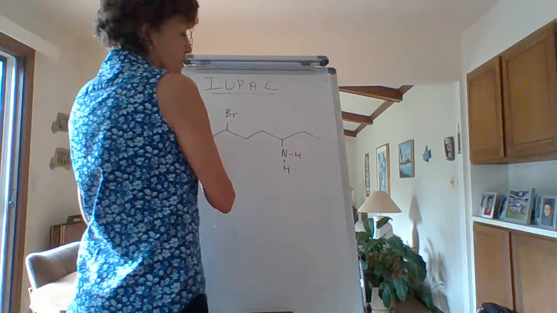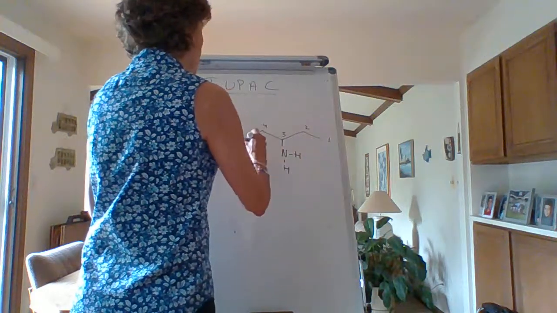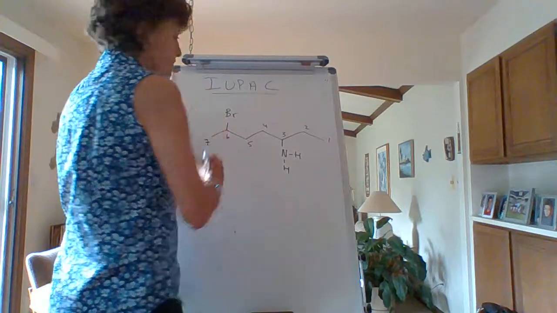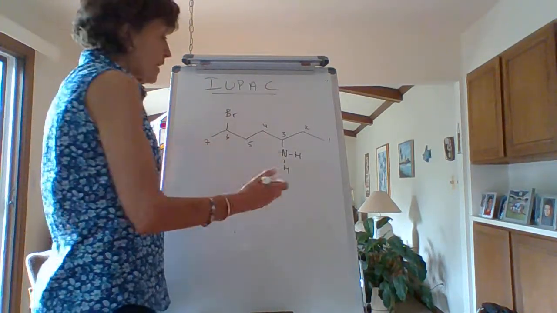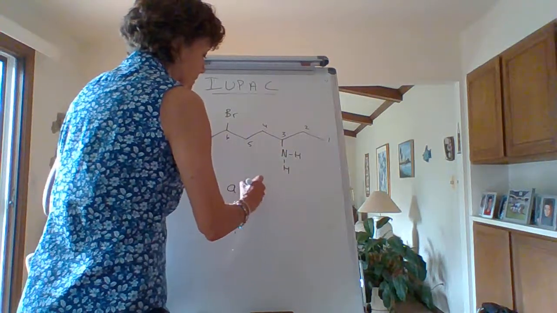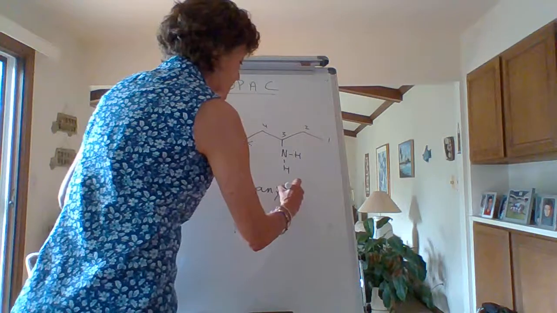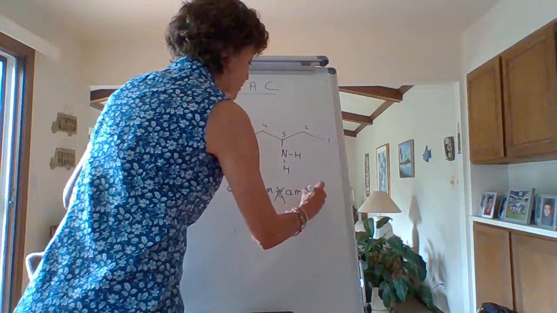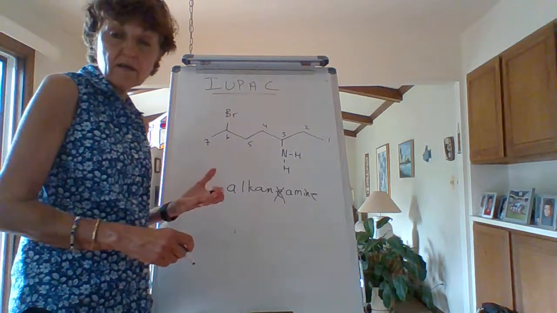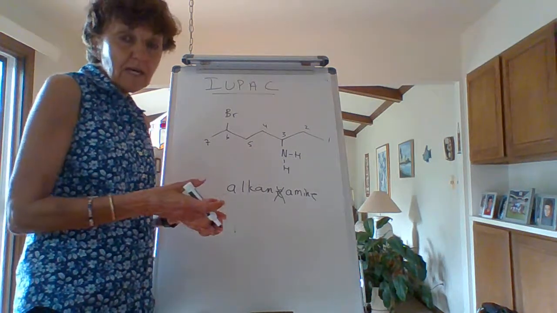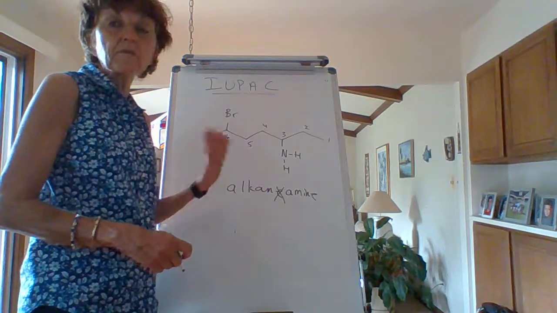Longest parent chain, and you want to number it so that the carbon that has the amine attached to it has the lowest possible number. So it looks like we're going to be numbering right to left. 1, 2, 3, 4, 5, 6, 7. All right, so if you do the alkane name, drop the E, and then throw in the word amine. So it's alkanamine. This would have been a heptane, but it's not a heptane, it's an amine, so you're going to drop the E and you call it heptanamine.